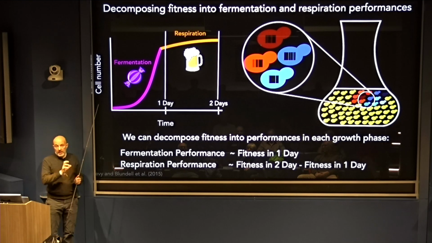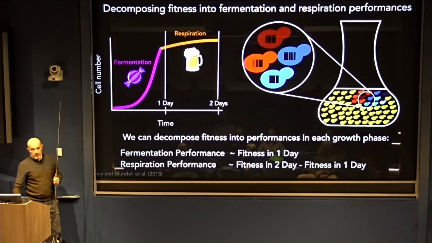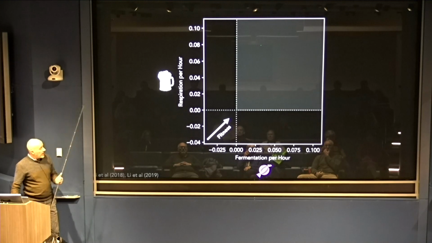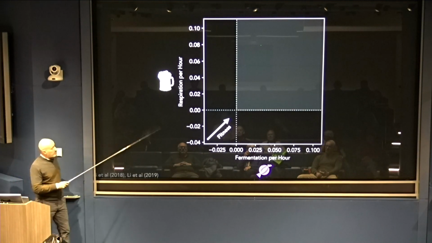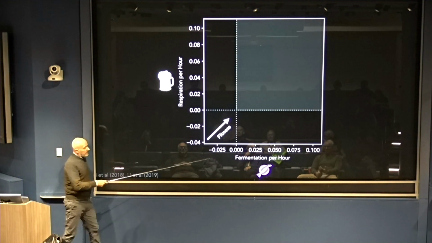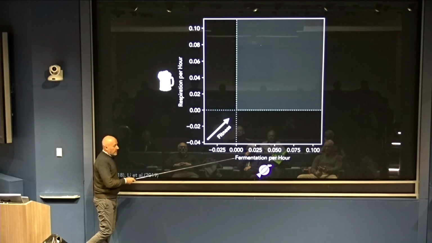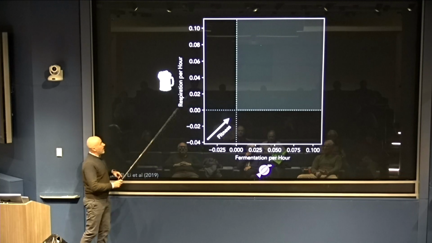I'm not showing you the data, but we just measure things in 1 day, in 2 days, and subtract one from the other. Okay, so I'm going to be plotting here the fitness advantages mutations give you in fermentation, measured per hour, and in respiration.